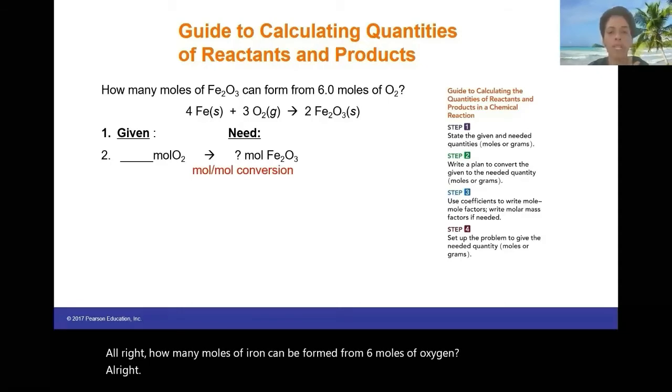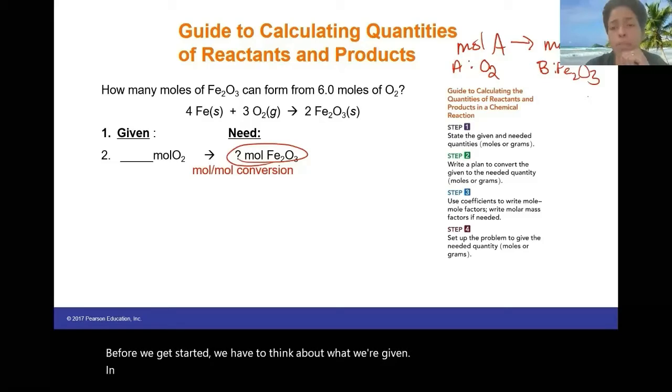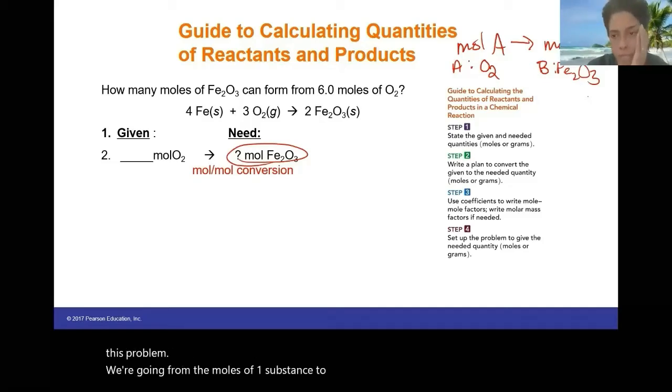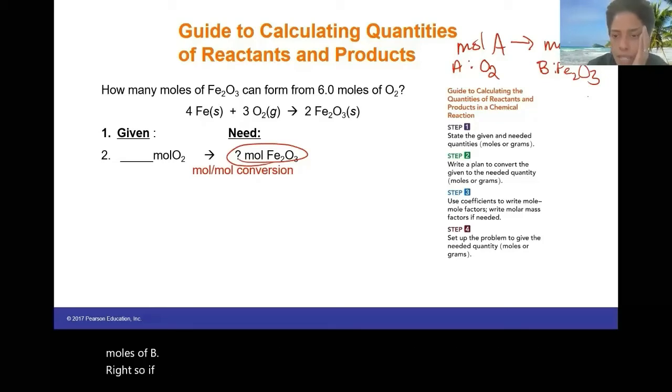Well, before we get started, we have to think about what we're given. In this problem, we're going from the moles of one substance to the moles of another substance. Moles of A to moles of B, right? So if we look at our guide to doing these calculations, it says state the given and needed quantities, moles or grams.